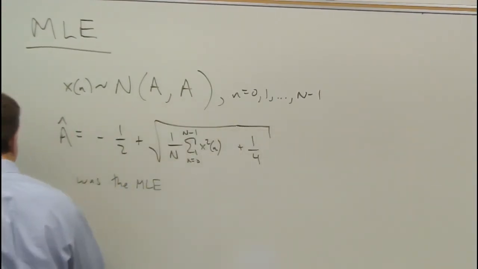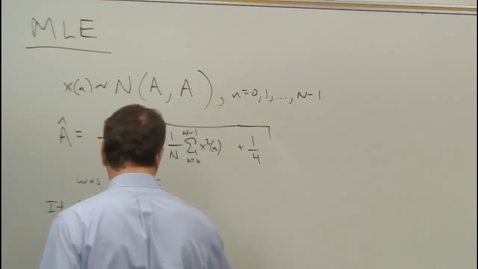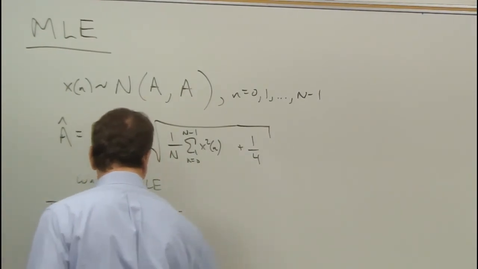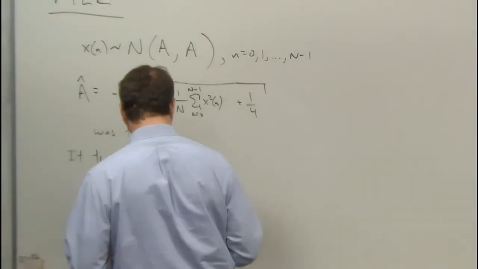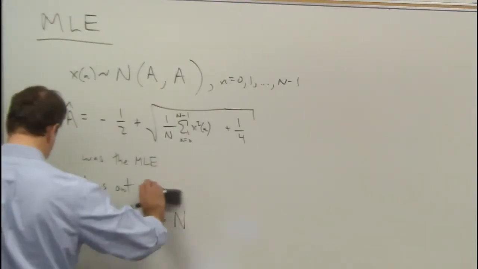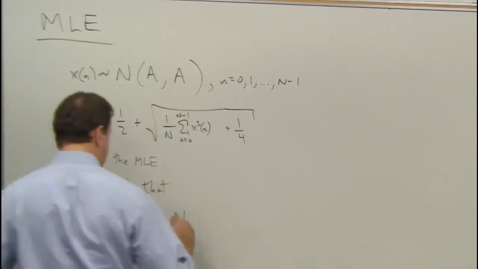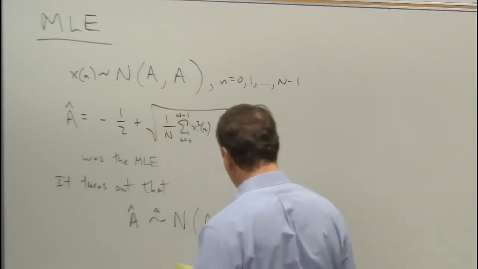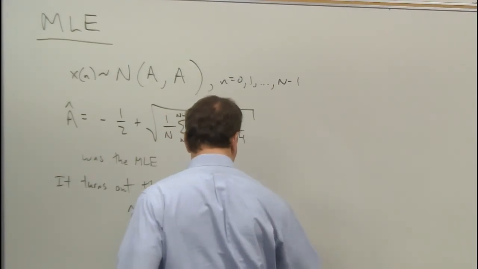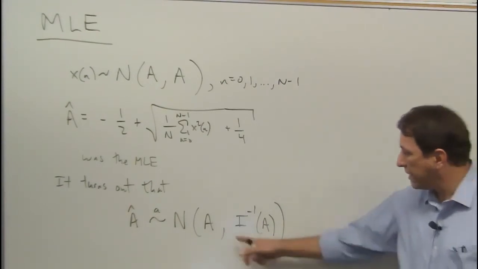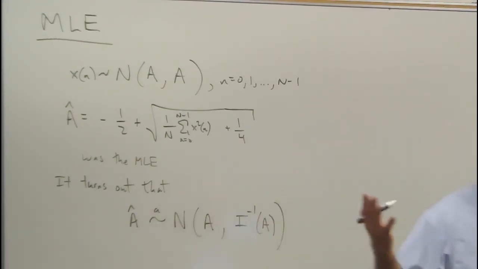And in fact, in this case, A hat asymptotically, as n goes off to infinity, is distributed as a Gaussian distribution, unbiased with this variance. Okay?